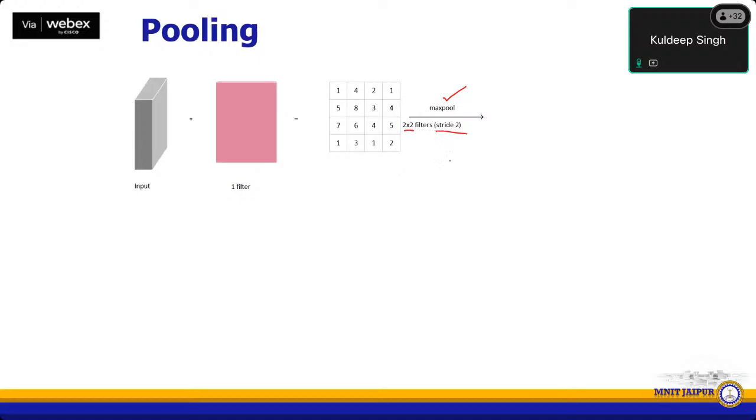Stride means how many pixels we are going to shift the filter. So the idea is we take this 2 cross 2 patch of the feature map and apply this 2 cross 2 filter. This is nothing but applying some kind of pooling operation on it. In the case of max pool, we find the maximum value in this 2 cross 2 patch and propagate that further. That is how it works.